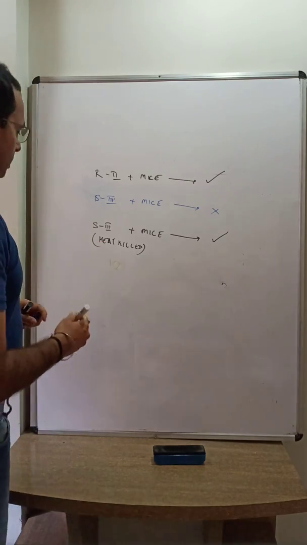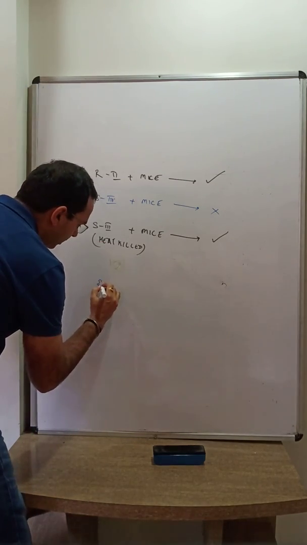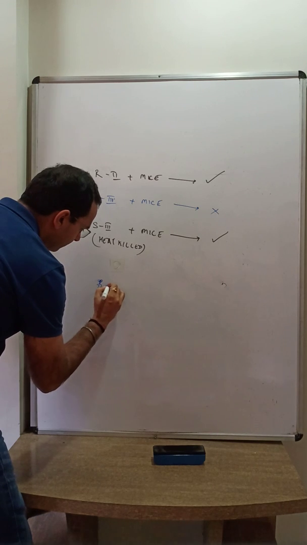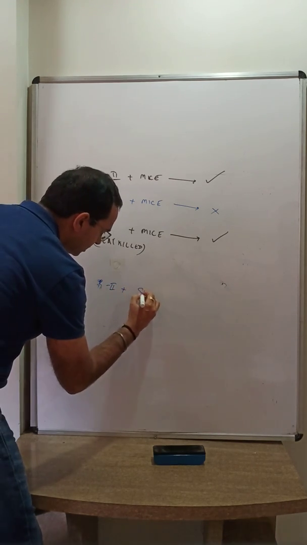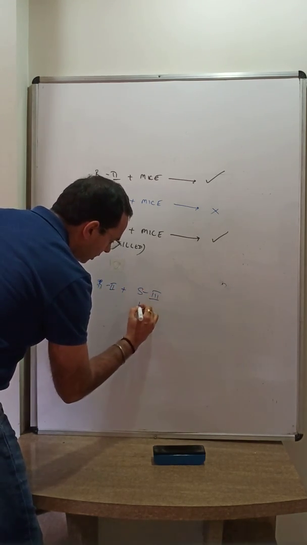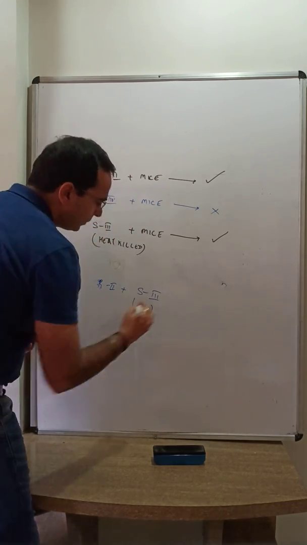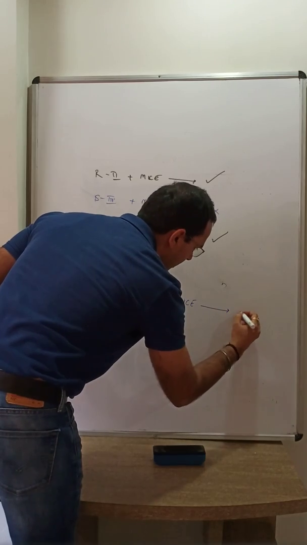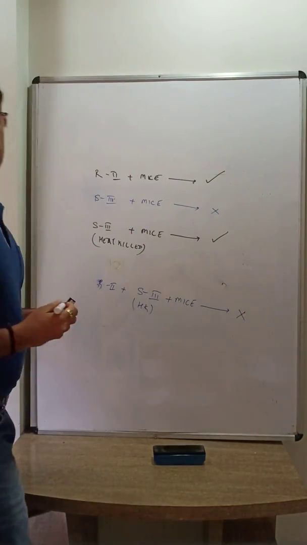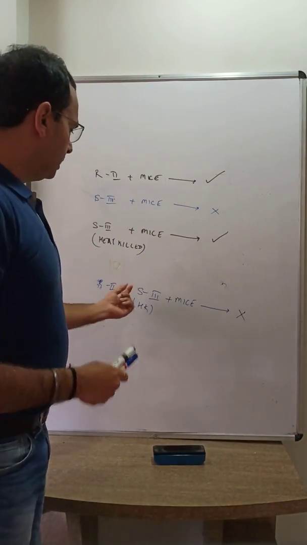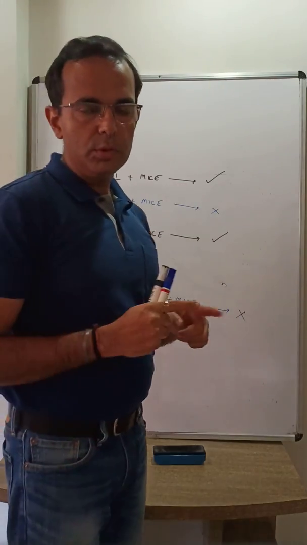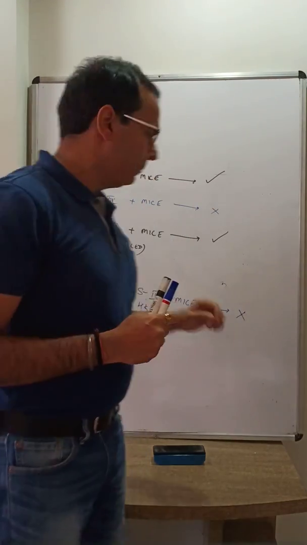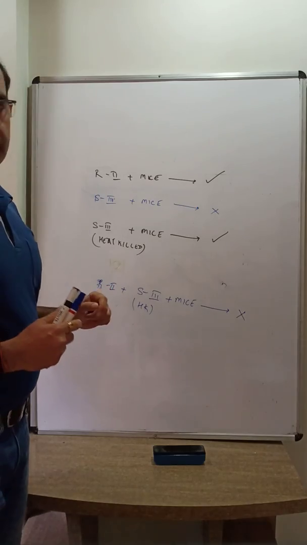So in the fourth part, he took the live R2 strain plus heat-killed S3, and again he injected it into mice. This time the mice died. So what actually happened: the S3 strain has an outermost mucus polysaccharide layer which the R2 strain does not have.